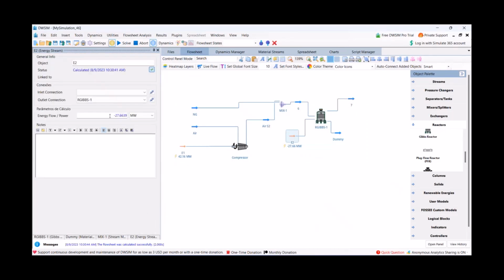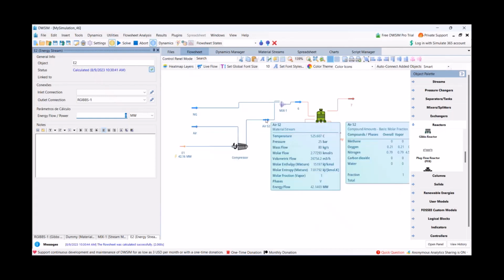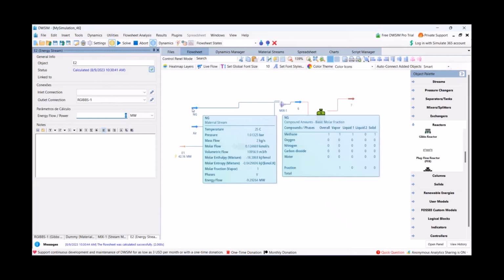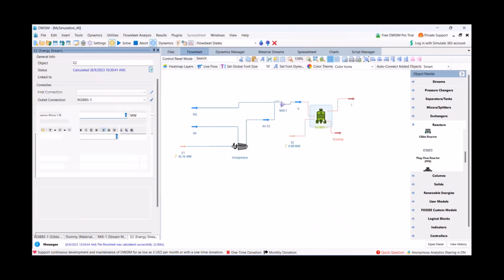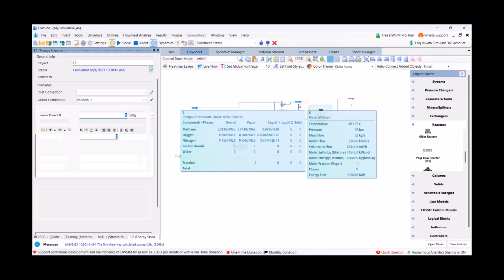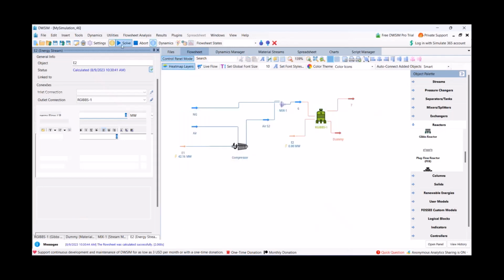And energy should be zero here. It is taking its time to solve it.